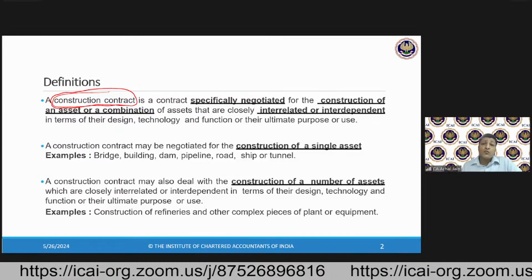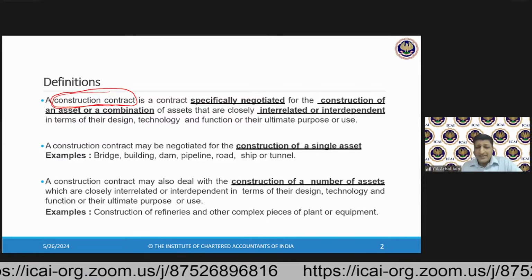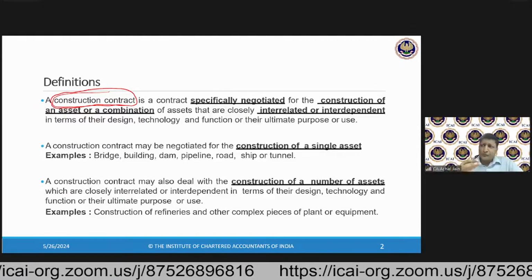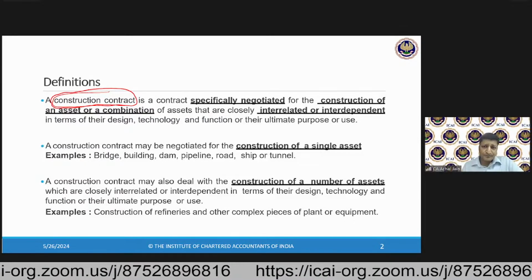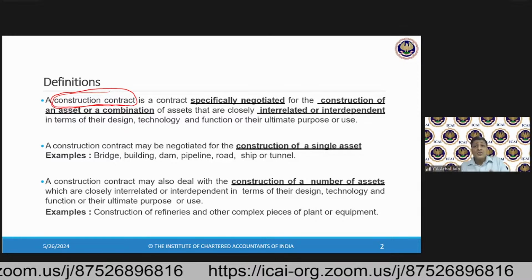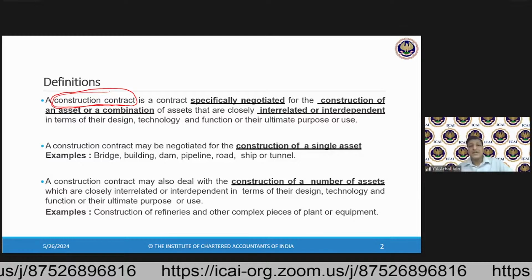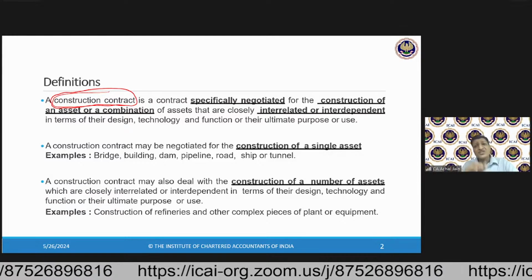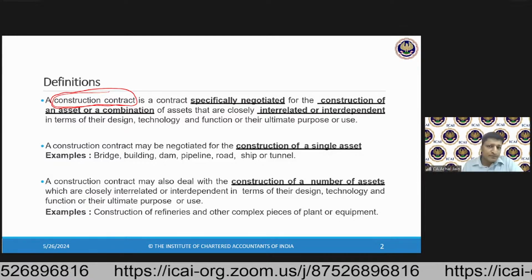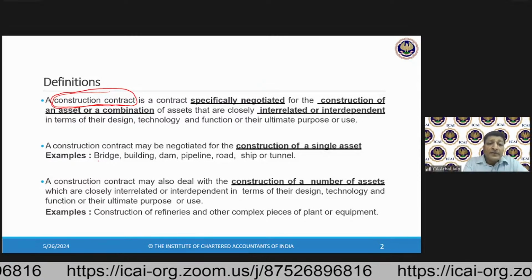Okay. Now, what could be the examples? Before we get on to the examples, for a construction contract, generally there is a feature that these are those contracts which take longer period of time to get completed, and which is generally 1 year or more. Now, if you look at those examples, what will be the example?